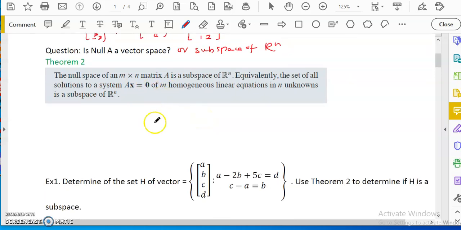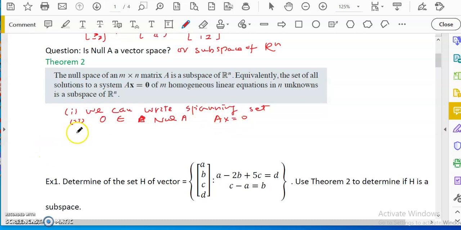The reason it's a subspace is that we can write it as a spanning set, and if we have a spanning set for it, it is automatically a subspace, right? Also, 0 is in null A. Why? Because A times 0 is 0. So 0, the trivial solution, is always in it.